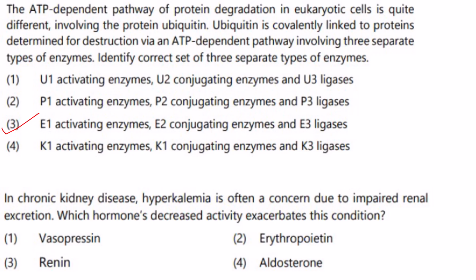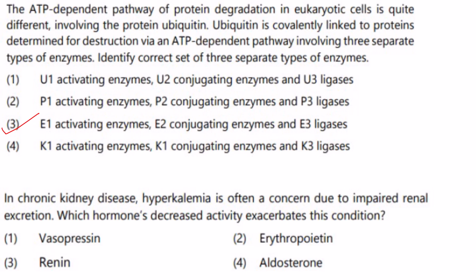Then next one, in chronic kidney disease, hyperkalemia is often a concern due to impaired renal excretion. Yes, in chronic kidney disease there is impaired renal excretion which will result in hyperkalemia. Which hormone's decreased activity exacerbates this condition? Now if the person is having deficiency of some hormone, what hormone will amplify this hyperkalemic condition?